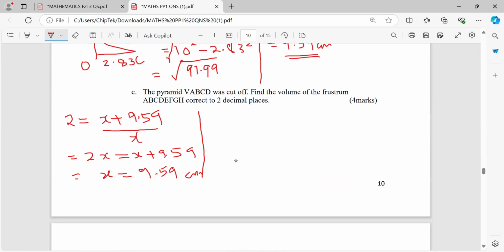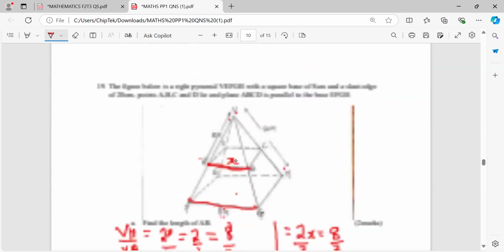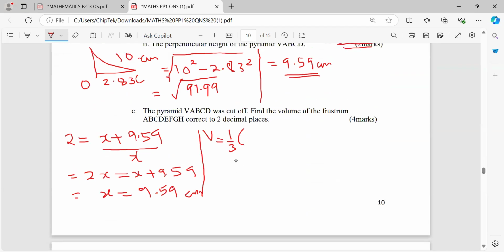Okay, so what you do, volume, so I'm taking a third times, okay, so kumbuka square yetu ya chini ilikuwa ni, if I'm correct, ni 8. So wachukua ile area yake 8 squared kwa sababu ni 8 times 8 times ile height yake.